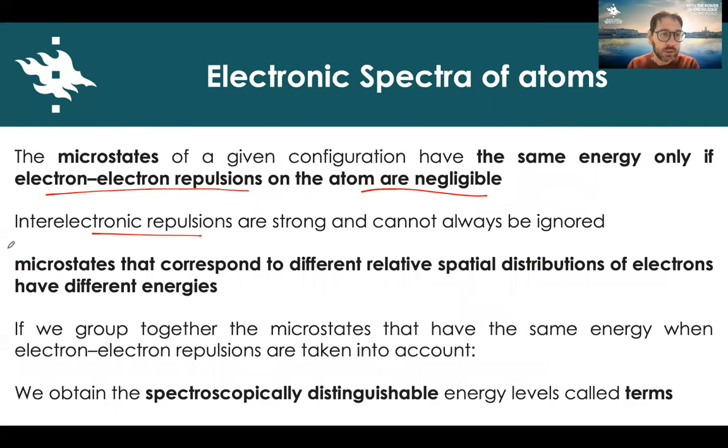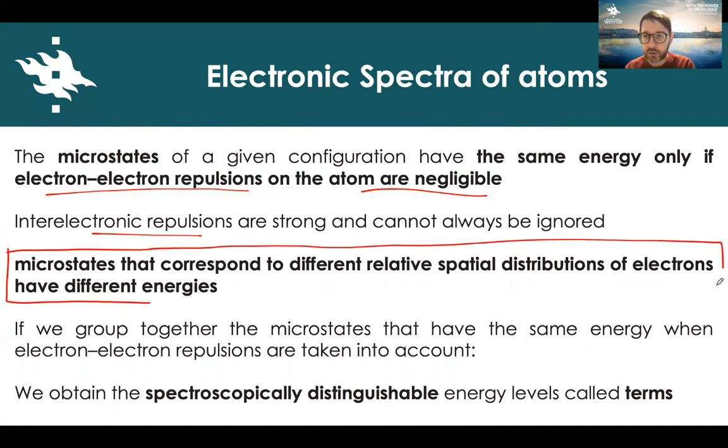So the microstates that correspond to different relative spatial distributions of electrons will have different electron-electron repulsions and therefore different energies.